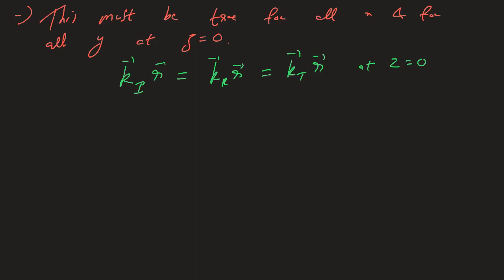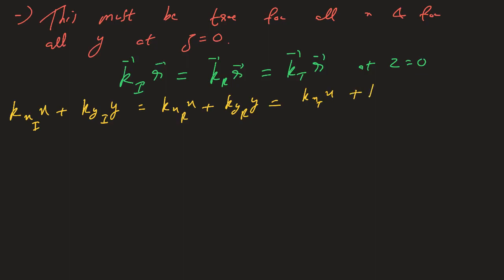So if we write it down more explicitly, this is k sub x incident x plus k sub y incident y equal to k sub x reflected x plus k sub y reflected y equal to k sub x transmitted x plus k sub y transmitted y.